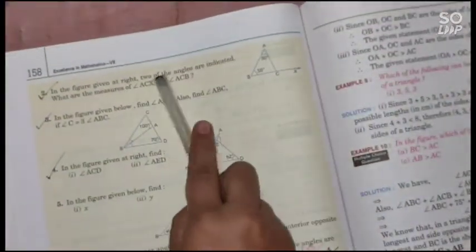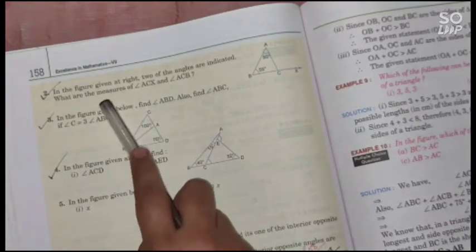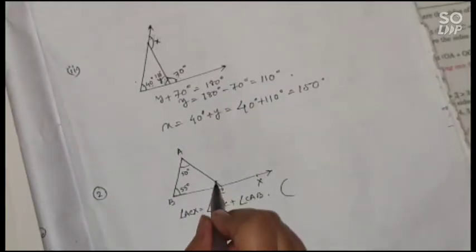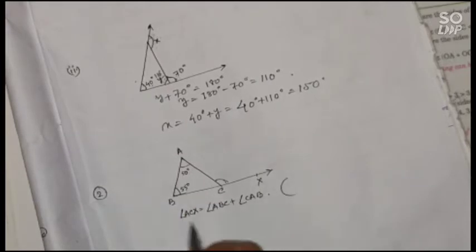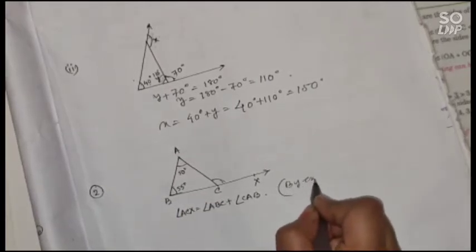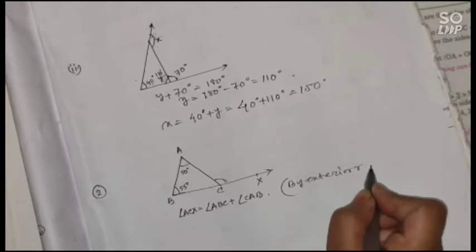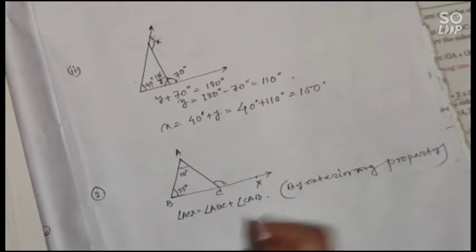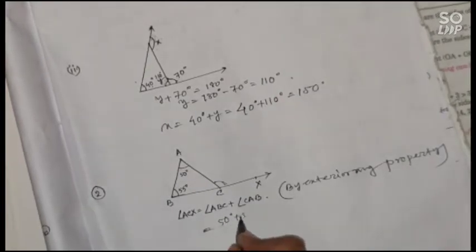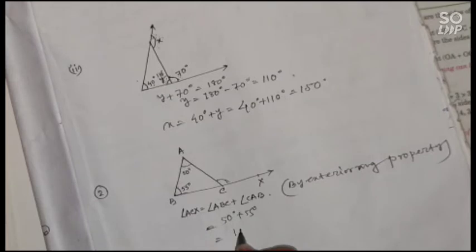Next, question number 2. In the figure given at right, two of the angles are indicated. What are the measures of ACX and ACB? You know that this is the exterior angle. So ACX equal to ABC plus CAB by exterior angle property. So 50 plus 55, this is equal to 105 degree.